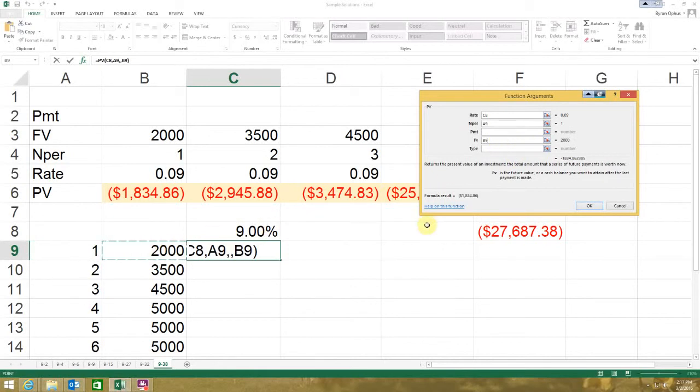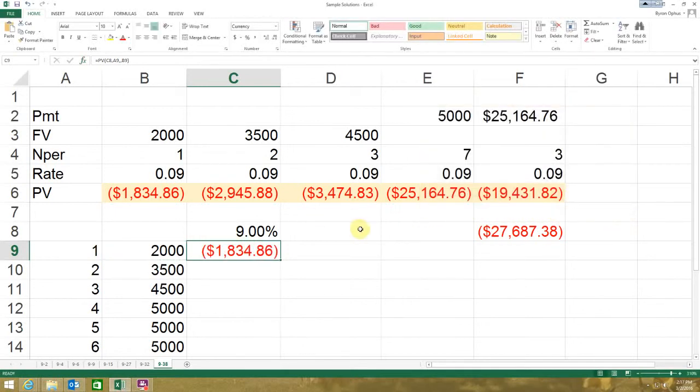So I'm going to receive 2,000 a year from now at a 9% discount rate. What's it worth today? The answer is 1,834, but I should have done something different, and I'll redo it to show you and explain why.